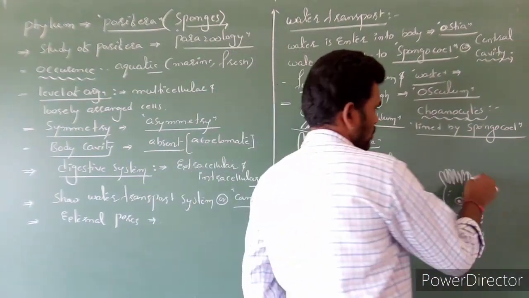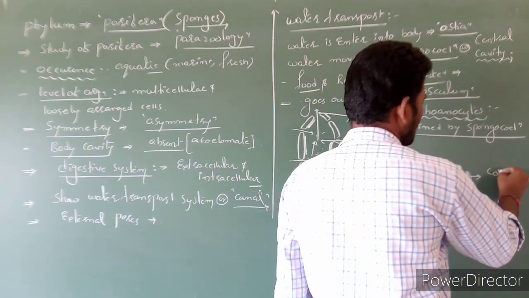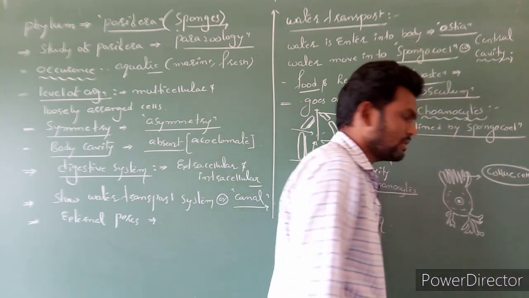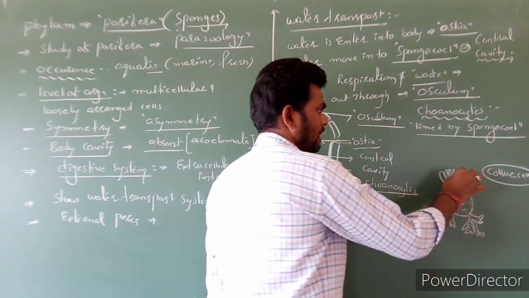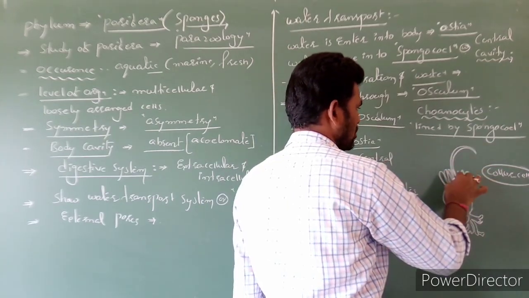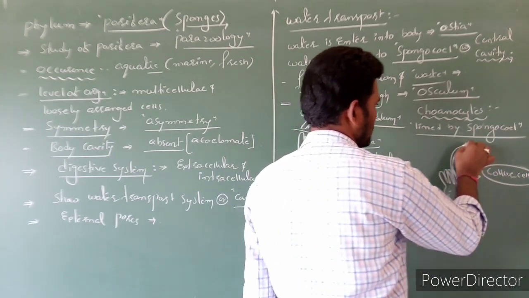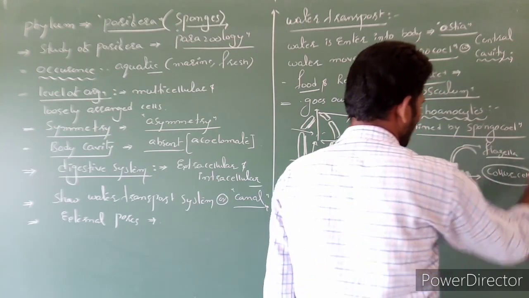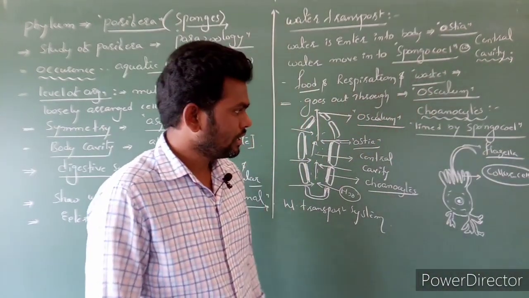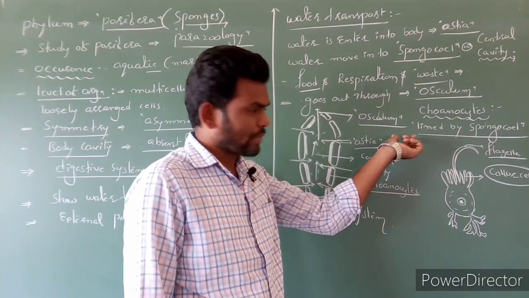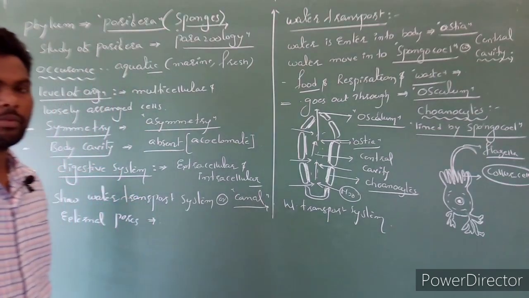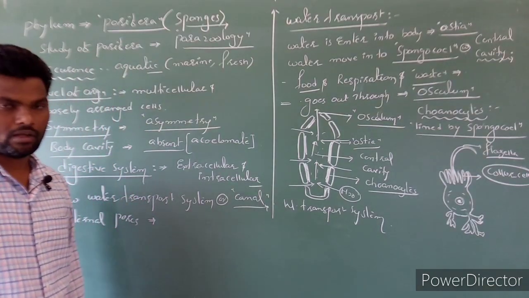These are the conocytes, also called collar cells. Here the flagella come out from this region. So this is flagella. Clear? So these cells line the spongocoel. So this is the water transport system in a porifera.